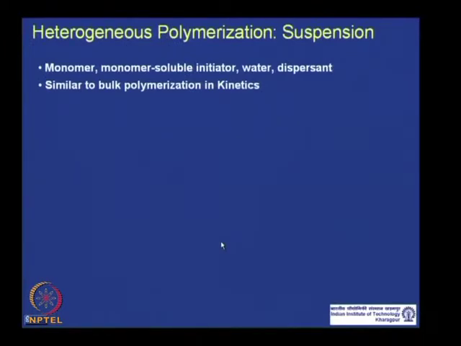There is a third type of polymerization we are talking about, heterogeneous polymerization. It could be suspension or dispersion. In case of suspension, the monomer is insoluble in water. Suspension polymerization is nothing but bulk polymerization done in small volumes. You make these small volumes of bulk polymer dispersed in an aqueous solution.